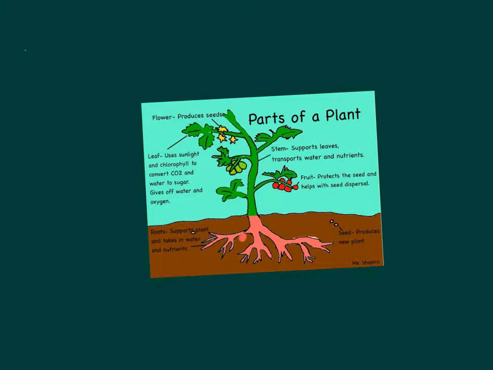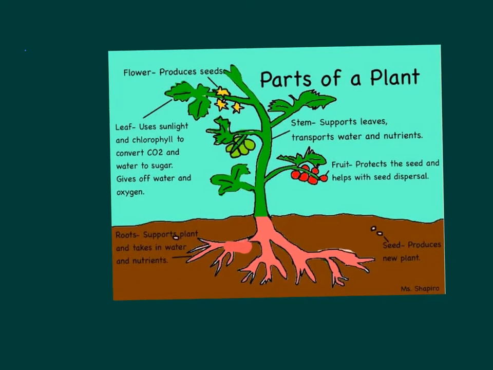As we discuss, here are our parts of a plant, and we'll get into more detail with them as we go. The first that we're going to talk about, because that's where it really begins, is the root. These are the roots, and the roots support the plants, and they take the water and the nutrients from the soil that it's growing in, and bring it up through the next thing we're going to talk about, which is the stem.